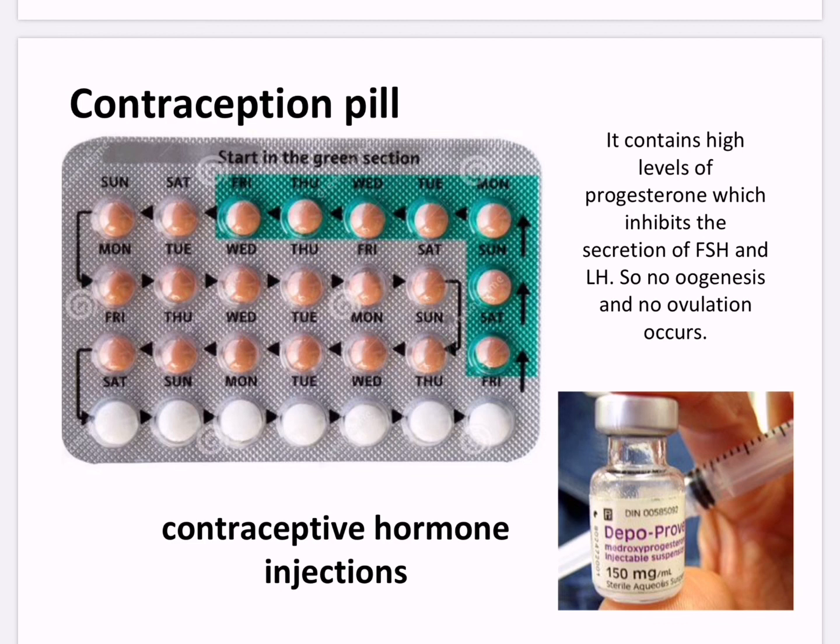The manufacturers of the contraceptive pill have actually stolen this idea from the negative feedback mechanism that works in the female reproductive system. High levels of progesterone inhibit the secretion of FSH and LH, which means in the female body, if there is no FSH and LH, you're not going to have oogenesis, you're not going to have ovulation, and the woman will not fall pregnant.